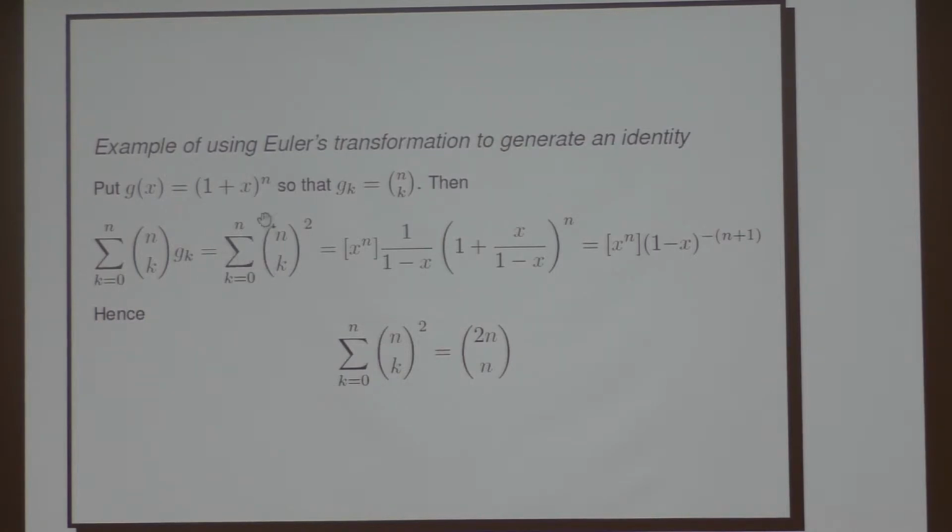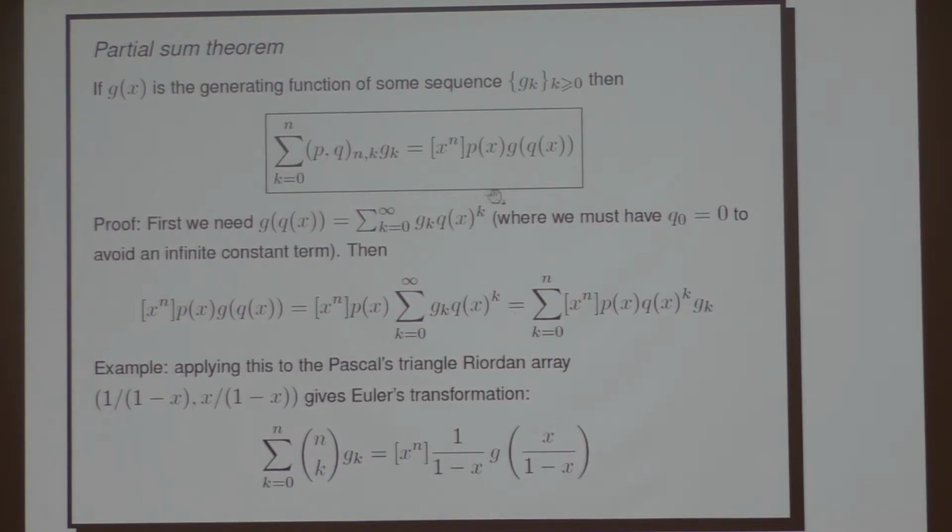So we can now work out what this sum here is equal to. We just apply the formula. This is the coefficient of x to the n of p, and then we've got g of q. So g in this case is (1 plus x) to the power n, and instead of x we've got q.